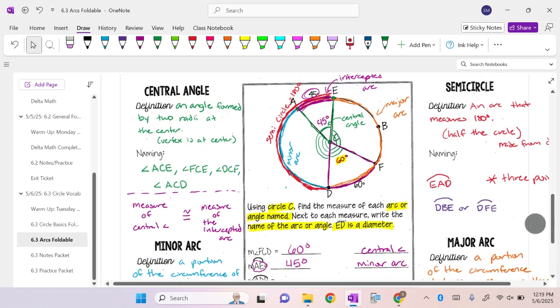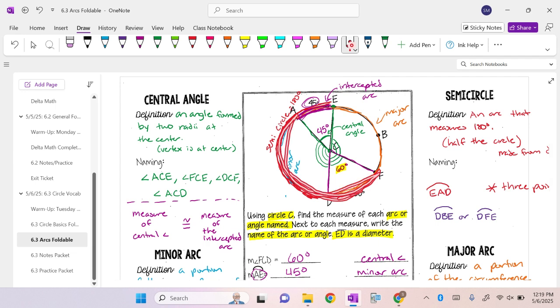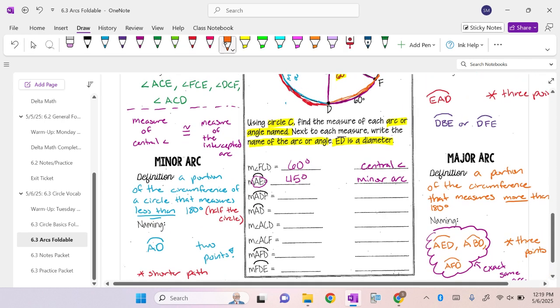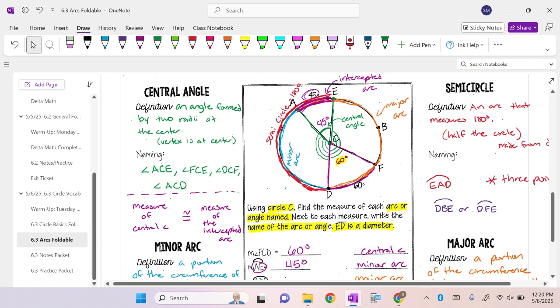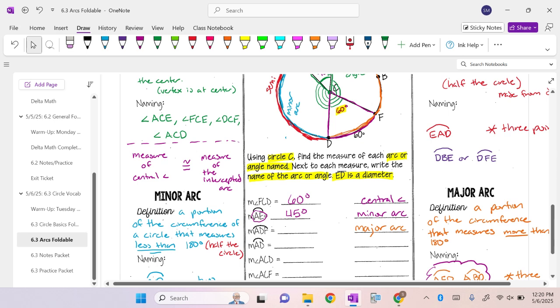It has 3 points, and just from looking at it, right here, it's made up of 3 points, and it looks like it's bigger than 180. We have to figure out what that angle is, so we're going to come back to that arc measure, as you'll see in a second. We're going to put a pin in finding that arc measure for right now. At least right now we're identifying.